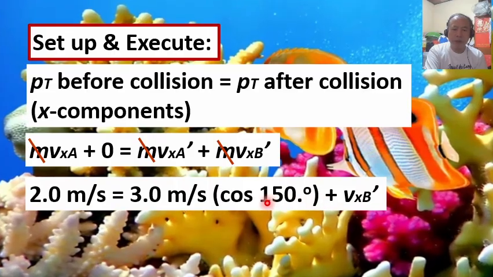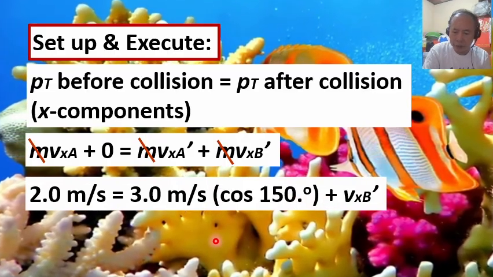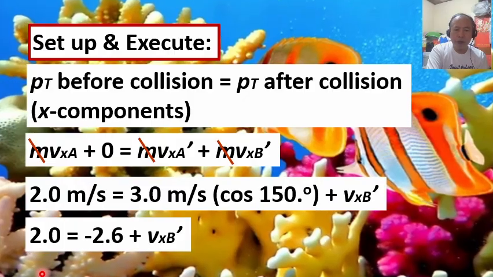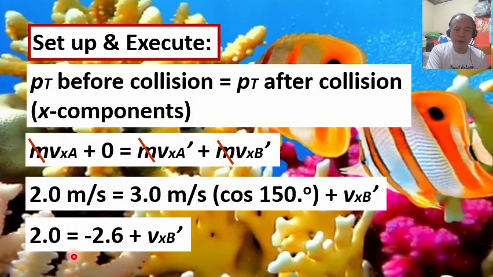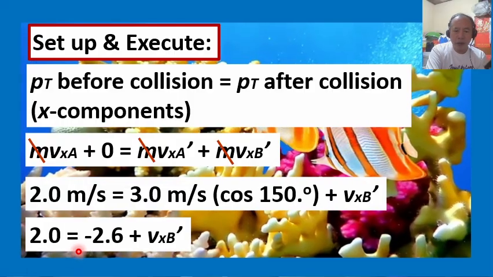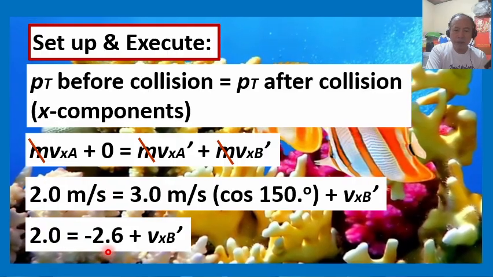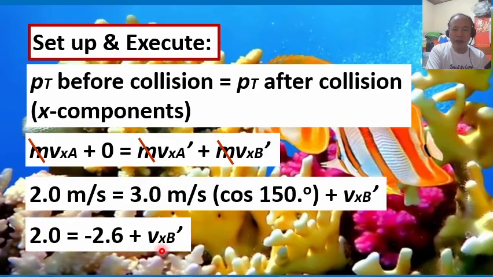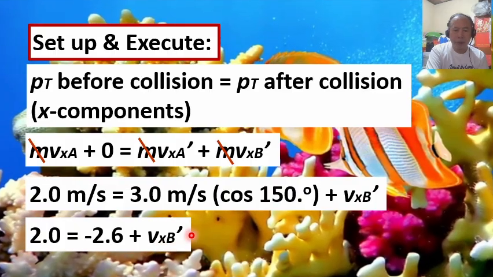So when we simplify this, we come up with 2.0, that's understood to be meters per second, equals negative 2.6, and then plus v x B prime.